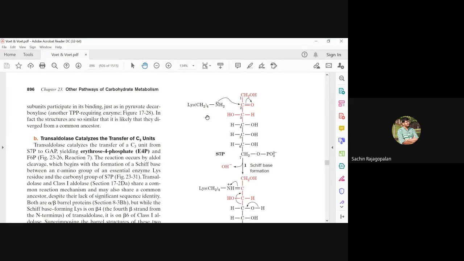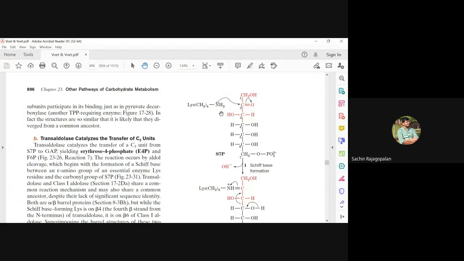So the amino group of the enzyme, which is on the lysine, is going to interact with pseudoheptulose 7-phosphate, wherein you can see that this second carbon is what we are going to attach to the amino group of lysine of the enzyme.